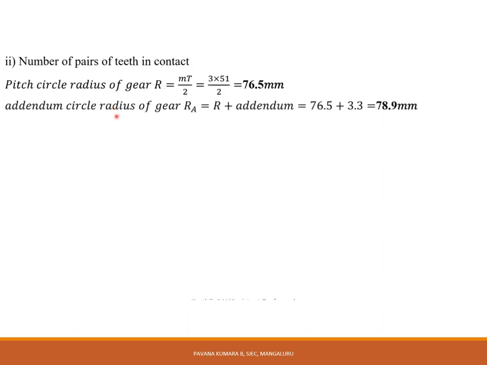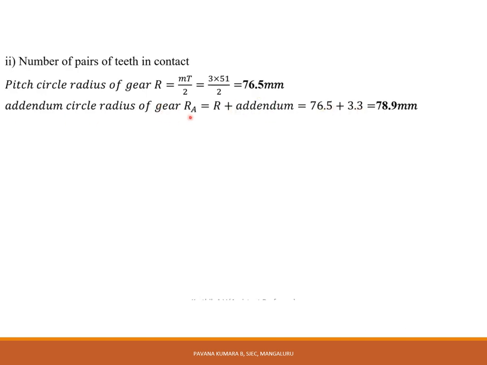Next, addendum circle radius of gear, that is RA is equal to capital R plus addendum. Addendum is nothing but AW into M. So AW is 1.1 into M. M is 3. So 1.1 into 3 is 3.3. R is 76.5.